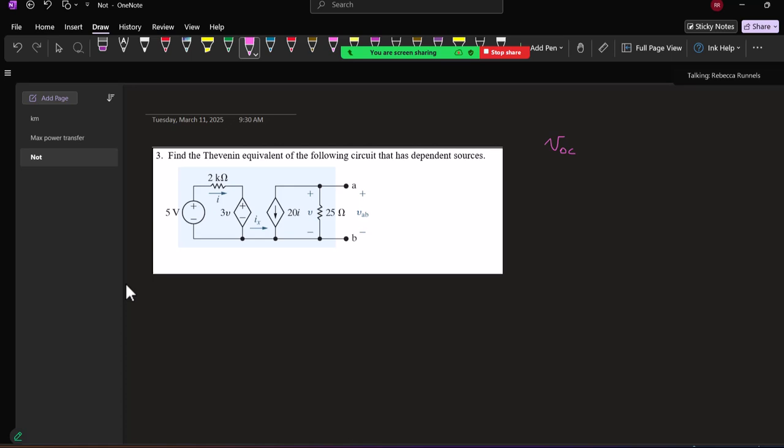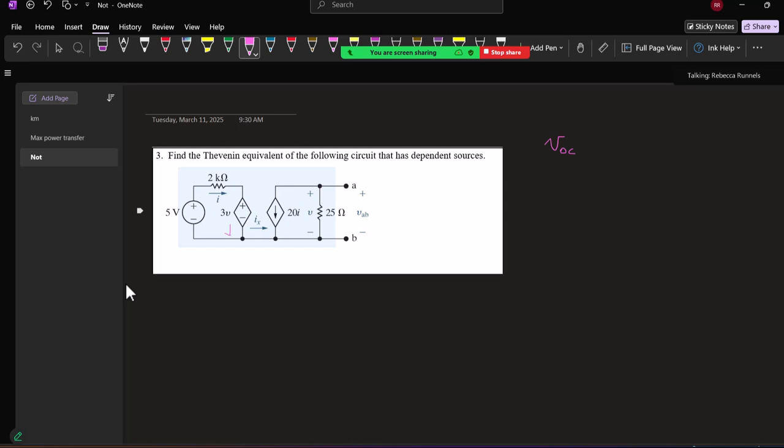If we look at this circuit, we have that the current, so we have I going through this loop.